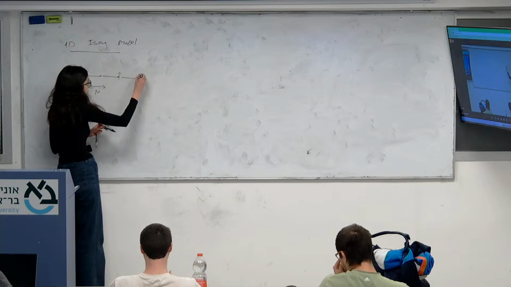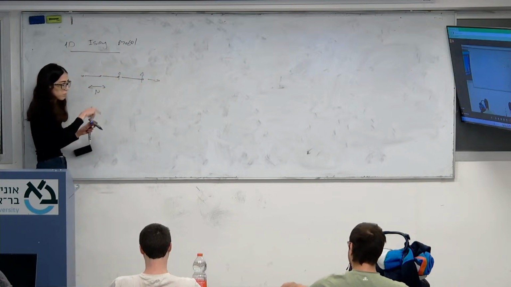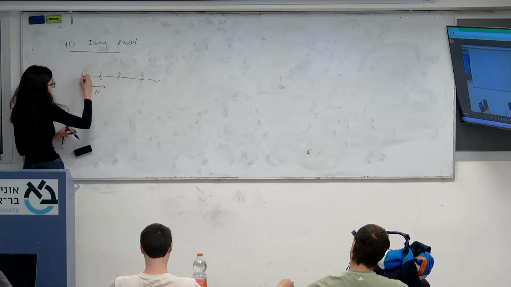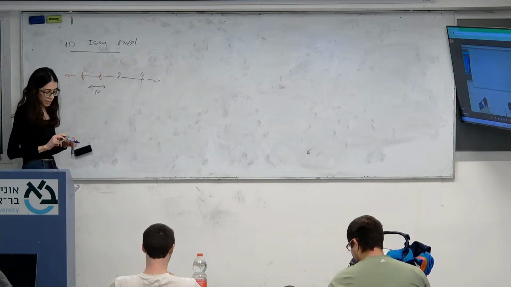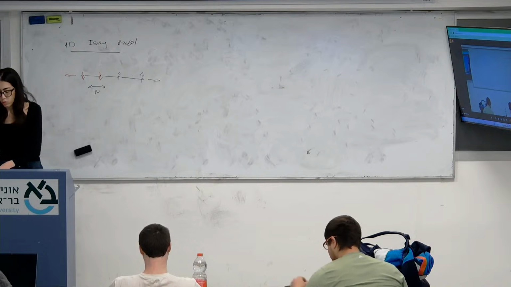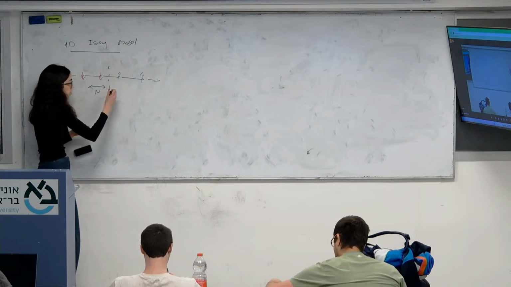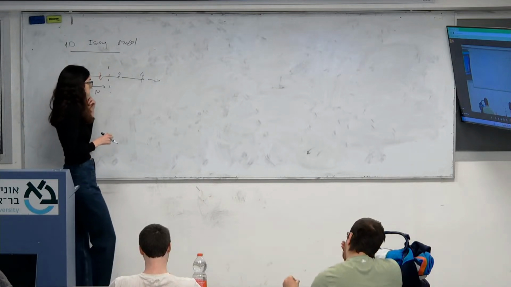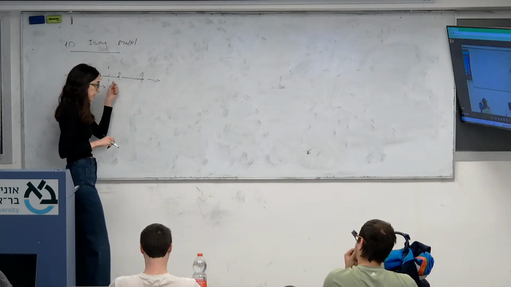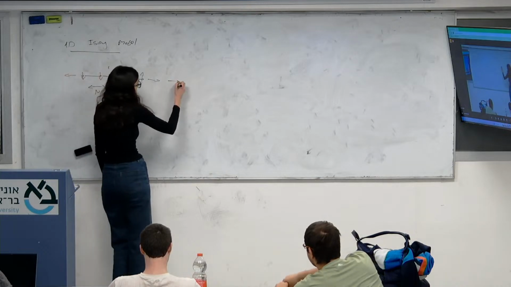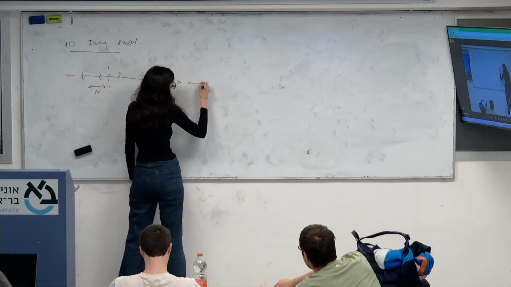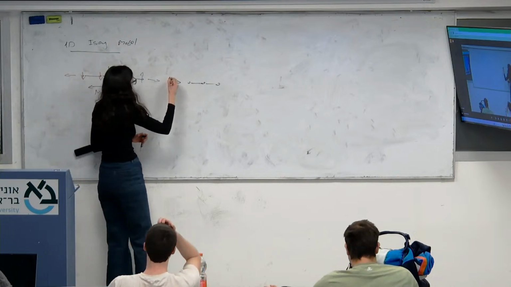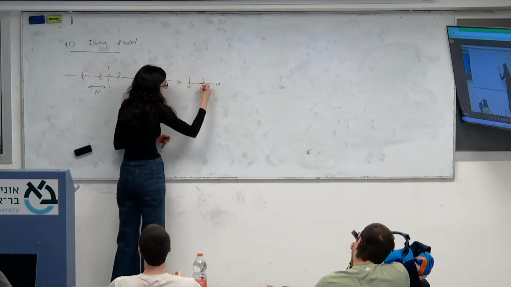All of those spins are going to be up, and all of those spins are going to be down. I have a domain wall in the middle, not an actual domain wall, but you understand. I want that system to go into the system where all of the spins are aligned, let's say, down.